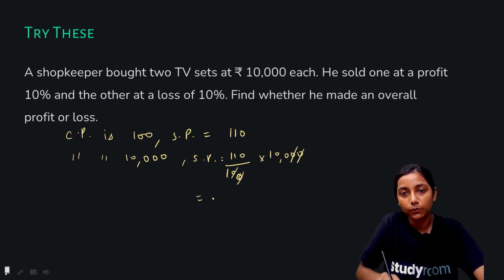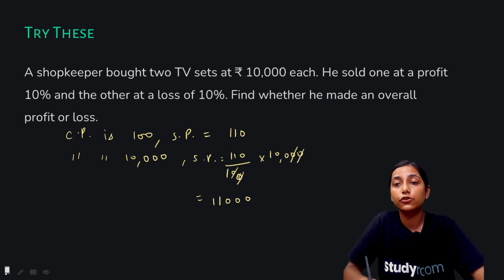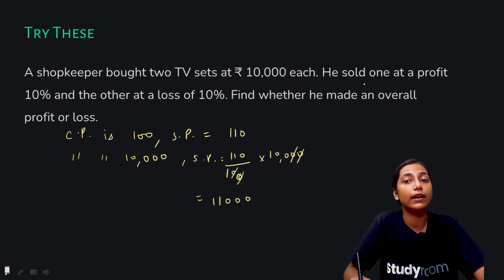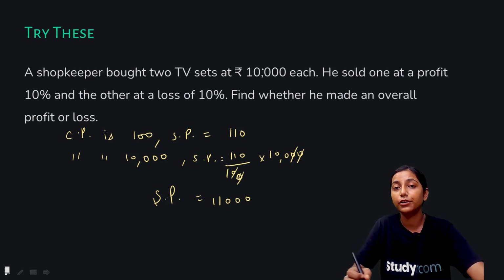This is 11,000 rupees. So this shopkeeper sold one of the TV sets for a profit of 10%. Therefore, the selling price for such a TV set came to be 11,000 rupees. He bought it at 10,000, he sold it at 11,000.